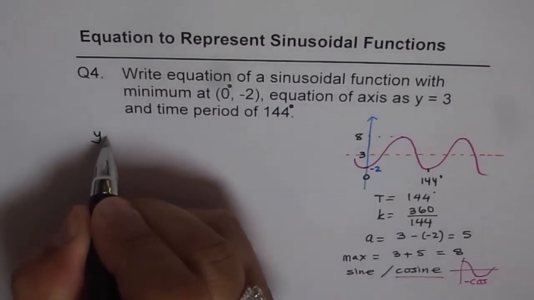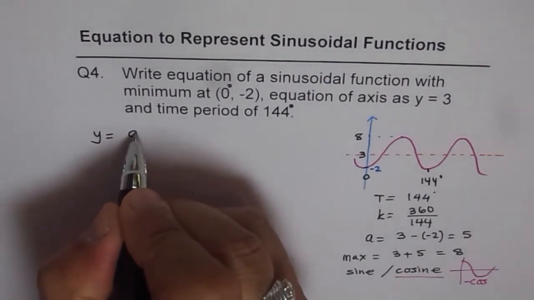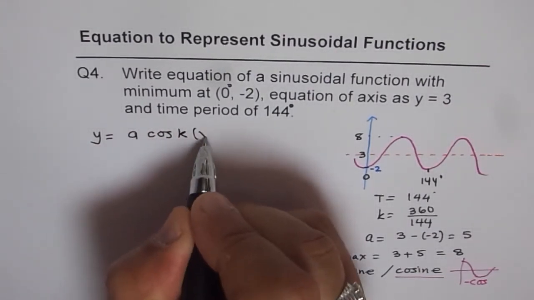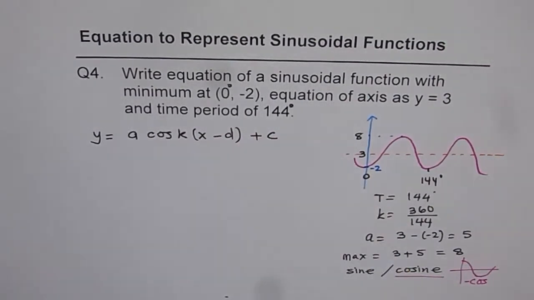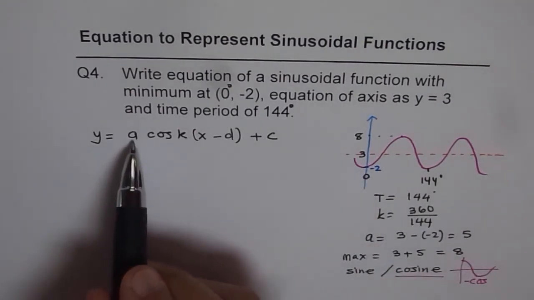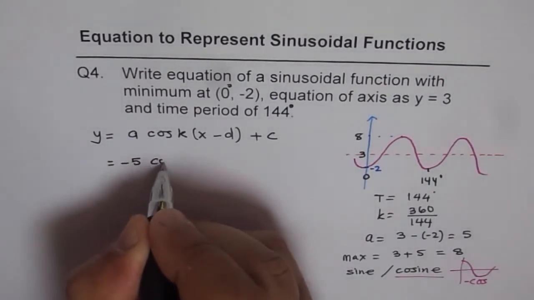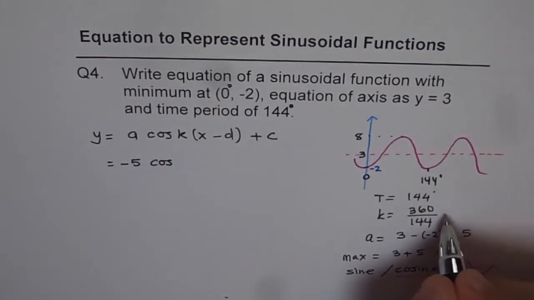We prefer to write it in cosine form, so I'm using the standard formula, a cosine of k(x minus d) plus c, right? As you can see here, a is 5 for us, and since it starts with a minimum, it is negative 5. So we can write this as negative 5 cosine of k, where k is 360 by 144.